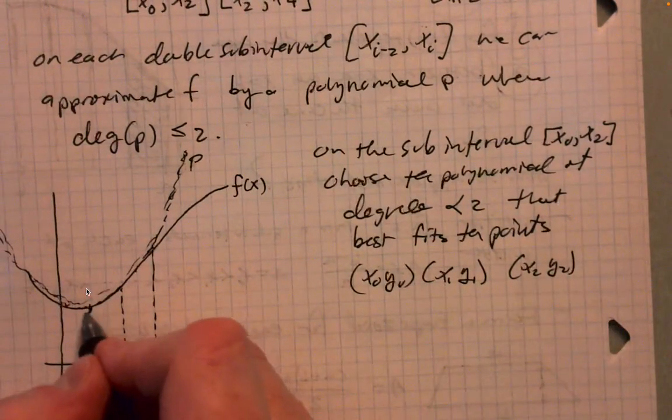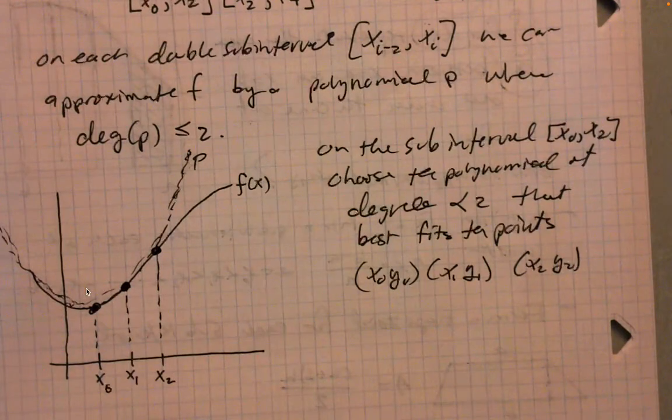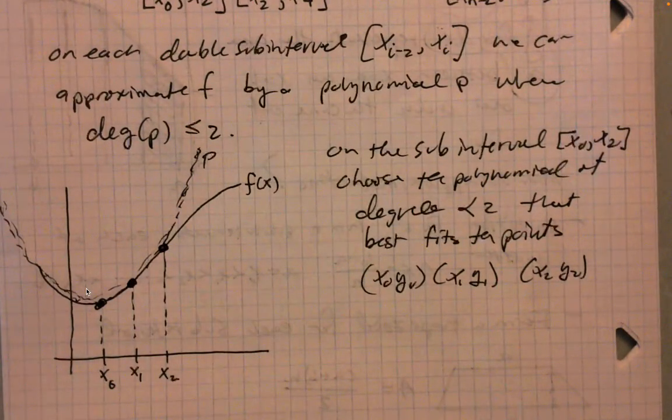So those are basically going to be these 3 points. Okay, so you want to find some polynomial that fits those 3 points as precisely as possible.